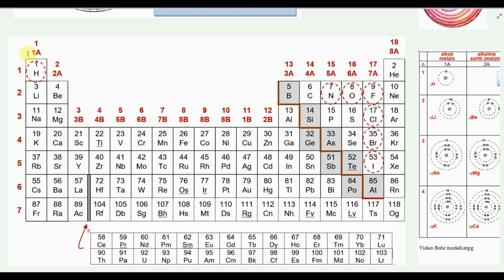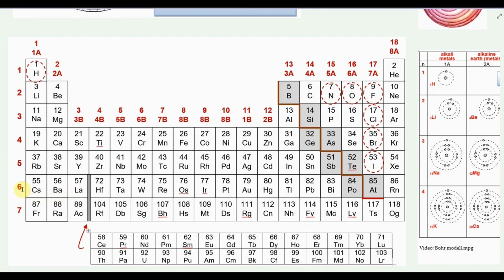So the A group elements start here, group 1A and 2A, and jump over to here, 3A, 4A, 5A, 6A, 7A, and 8A elements. So again, in the fourth row of the table we have potassium and calcium. Then we have 10 of these transition metals from scandium to zinc. And then we come back to the A group elements, gallium through krypton. And so it goes all the way down the table. We'll look in more detail at the order later.